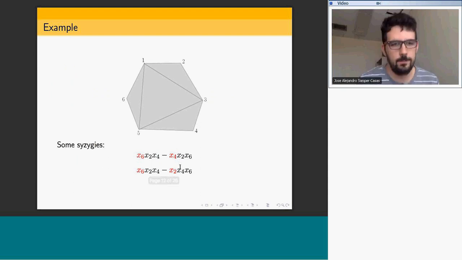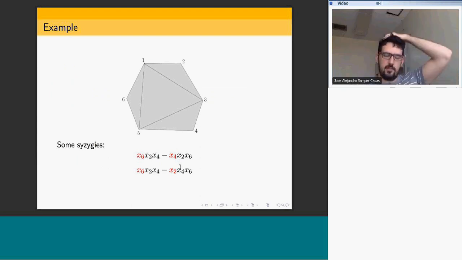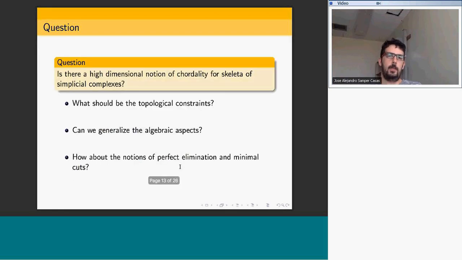Okay, so all these graphs are very nice. We can ask the following. Can we say that instead of having a graph, we have a high-dimensional simplicial complex? And what are the skeletons of these simplicial complexes? And ask stuff like, what is chordality for such complexes?